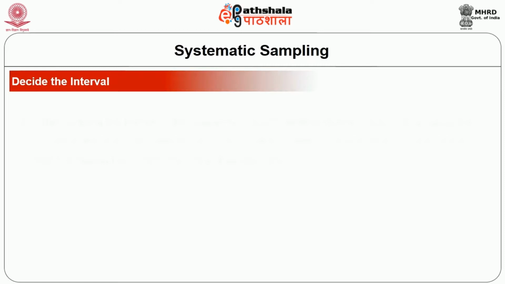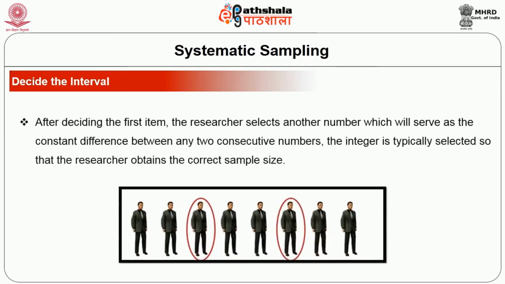Then, the next step is to decide the interval. After deciding the first item, the researcher selects another number which will serve as the constant difference between any two consecutive numbers. The integer is typically selected so that the researcher obtains the correct sample size.